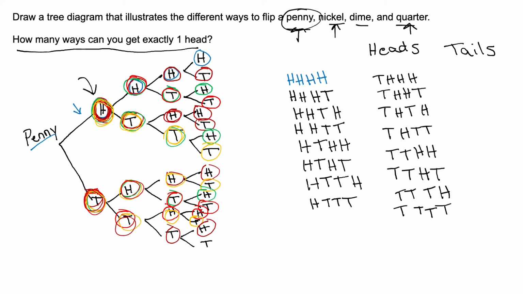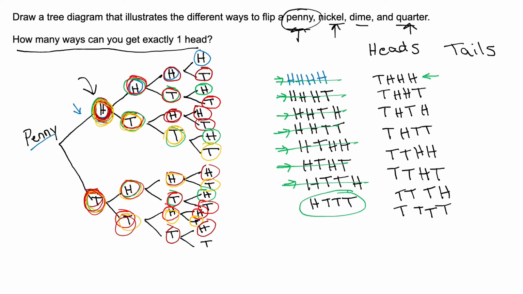So if we look at our first outcome, I have 4 heads. So that's not going to work because I want just one head in my outcome. Here I have 3. I also have 3 on this one. I have 2 on this one. I have 3. I have 2. I have 2. And then I have 1. So I'll circle that because that's one way to get exactly one head.